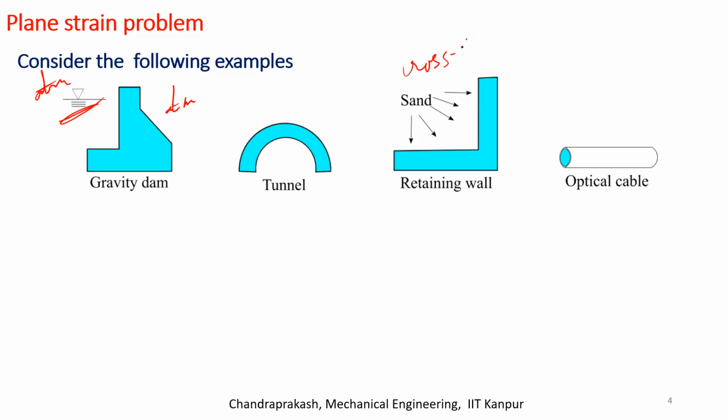Basically, all we are seeing in these 4 pictures are the cross sections, except the optical cable, of course. Has anybody seen an optical cable? You should do a Google image search. Most likely you have seen it, just that you perhaps didn't recognize it as an optical cable. Now that we are talking about optical cable, I would recommend everybody to look at optical cables in the ocean.